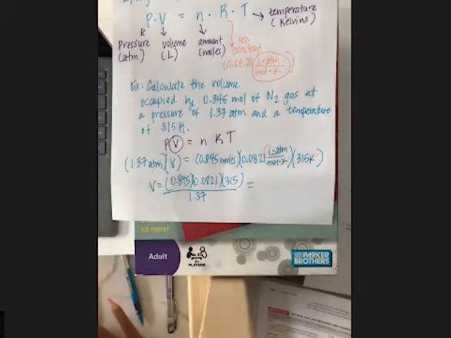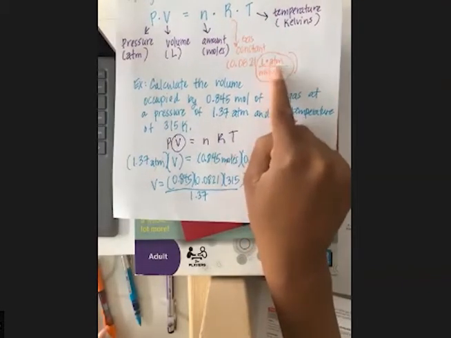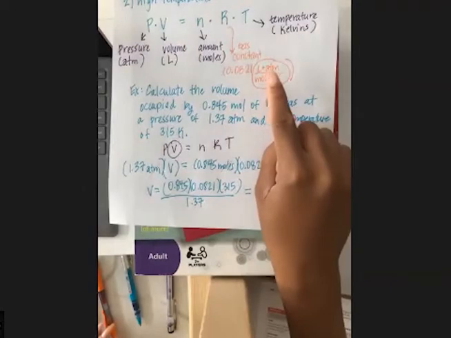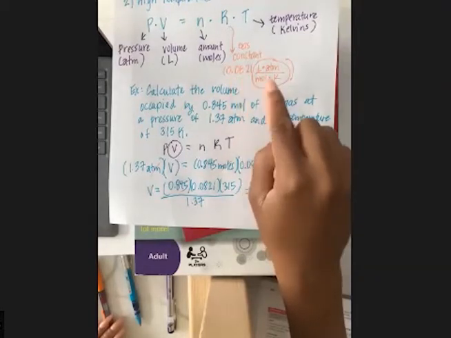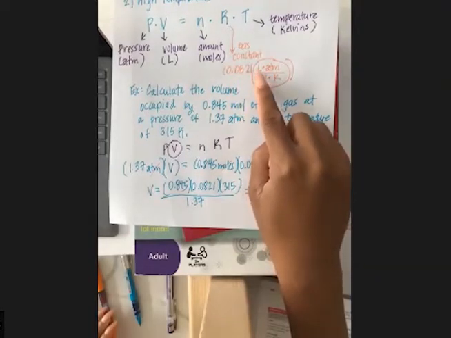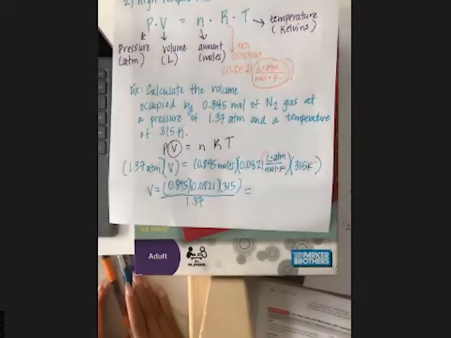In this class, it's not going to change. In general, if you Google gas constant, you might see several different numbers. The one we're using in this class is this number because we want these units. So basically it's saying, what if I change my atmosphere to millimeters of mercury? If I change it to millimeters of mercury, it's going to change this number. Or what if I change my liters to milliliters? You get what I'm saying? Yeah, that's because we do liters and the pressure and the moles. Okay, yeah, I see.